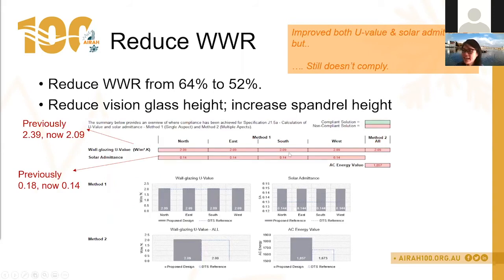So here is a report, again from the facade calculator. You can see that the wall glazing U value now has reduced to 2.09, but it's still red, so it doesn't comply. And same thing with solar emittance on each aspect, which is reduced to 0.14. And when we look at method 2, it still doesn't comply.